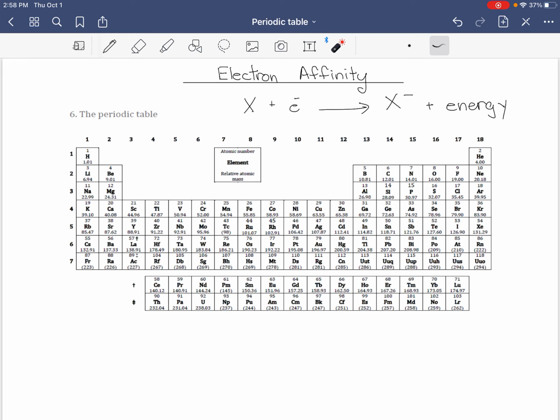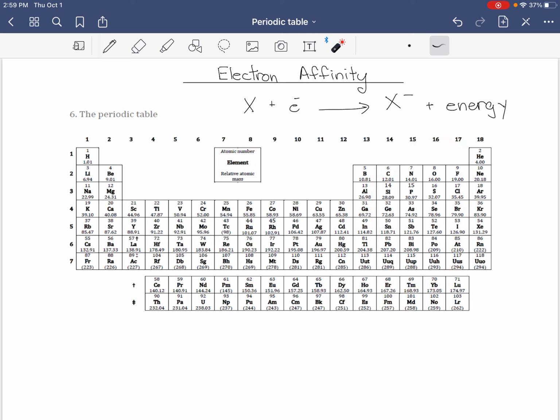So, let's take a look at the trends regarding electron affinity. First of all, you need to understand what type of atoms love to gain electrons. That's right, it's these guys right here. Noble gases don't want to gain. They don't even want to lose.